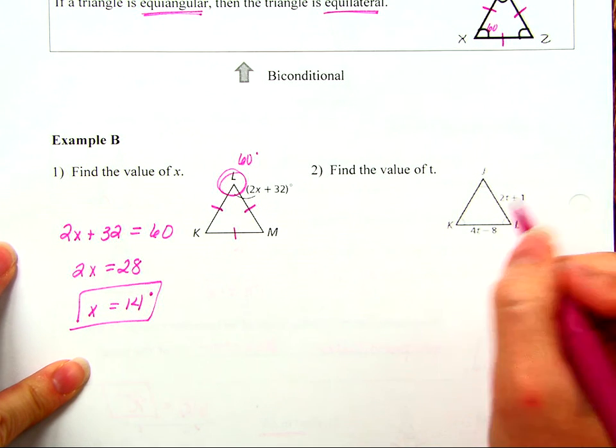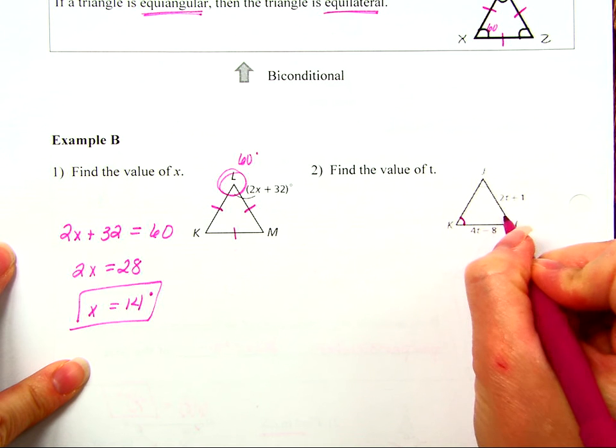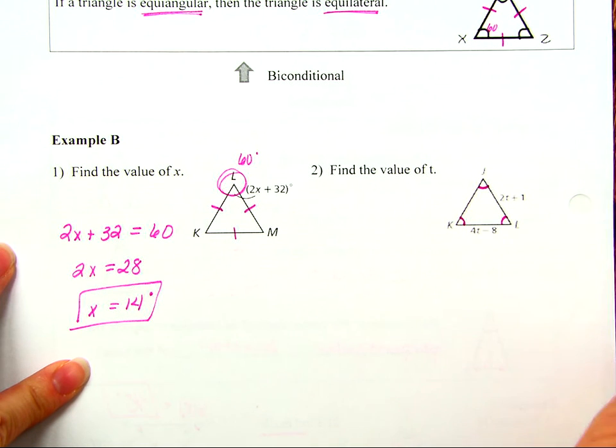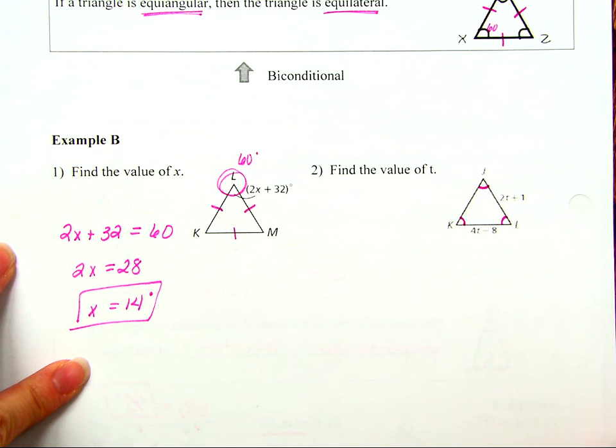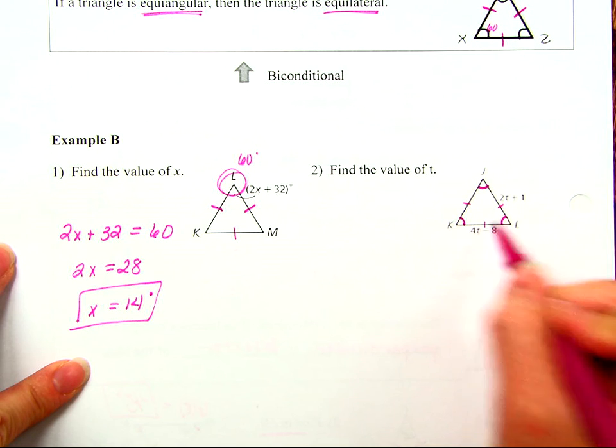In example number 2, as I look, they have my triangle marked equiangular. But they're actually asking me to take a look at the side lengths. These are showing me side values for t minus 8 and 2t plus 1. But because I know it's equiangular, I also know it's equilateral.